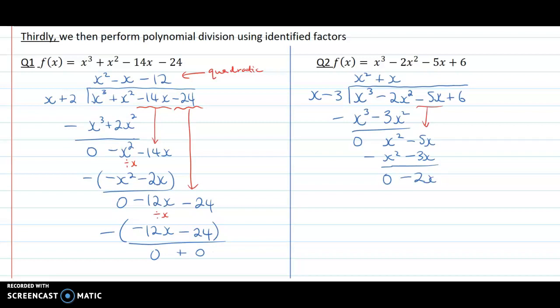So x into negative 2x gives me negative 2. Negative 2 times x gives me negative 2x. Negative 2 times negative 3 gives me positive 6. Rule it off. Bring this guy down. Negative 2x plus 2x gives me 0. 6 take 6 gives me 0. So I'm done and I have my quadratic.